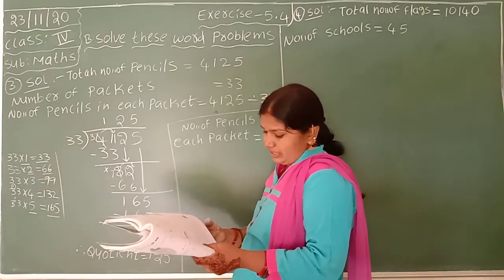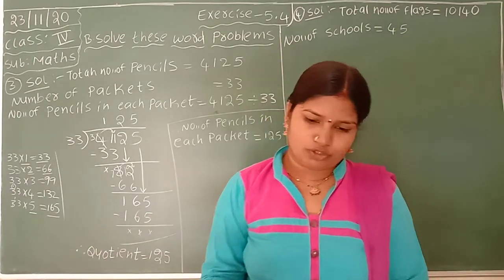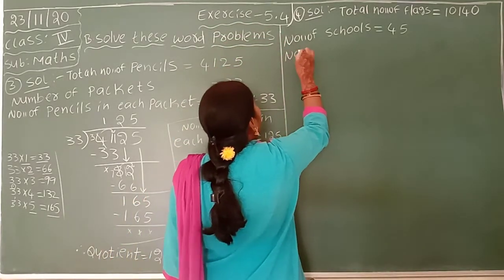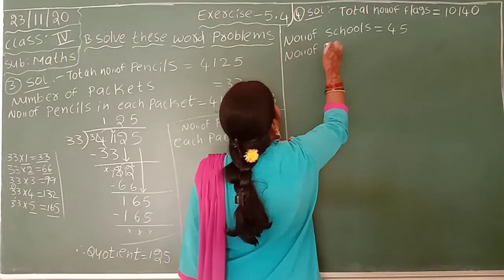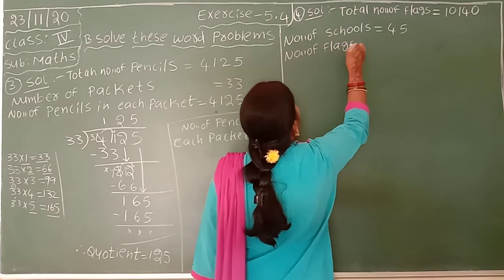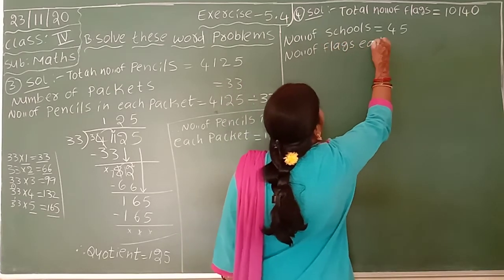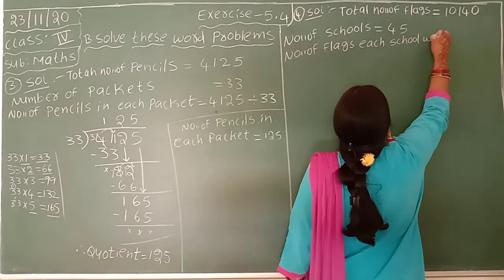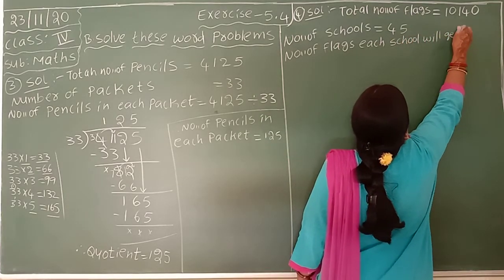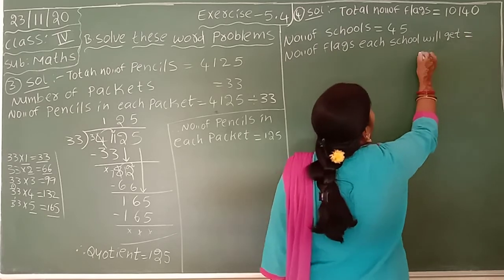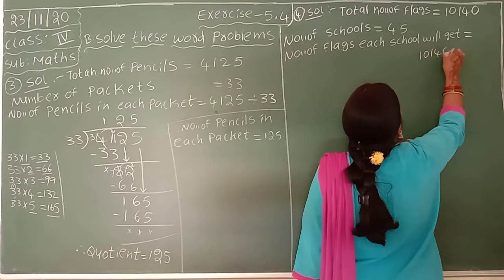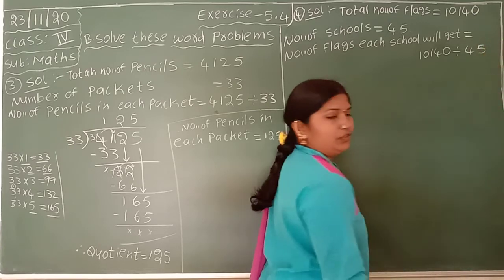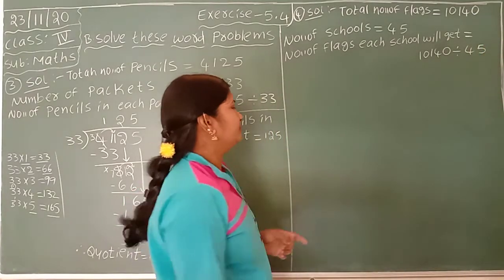And they are asking the number of flags each school will get. Number of flags each school will get is equal to 10,140 divided by 45. You can do the division.